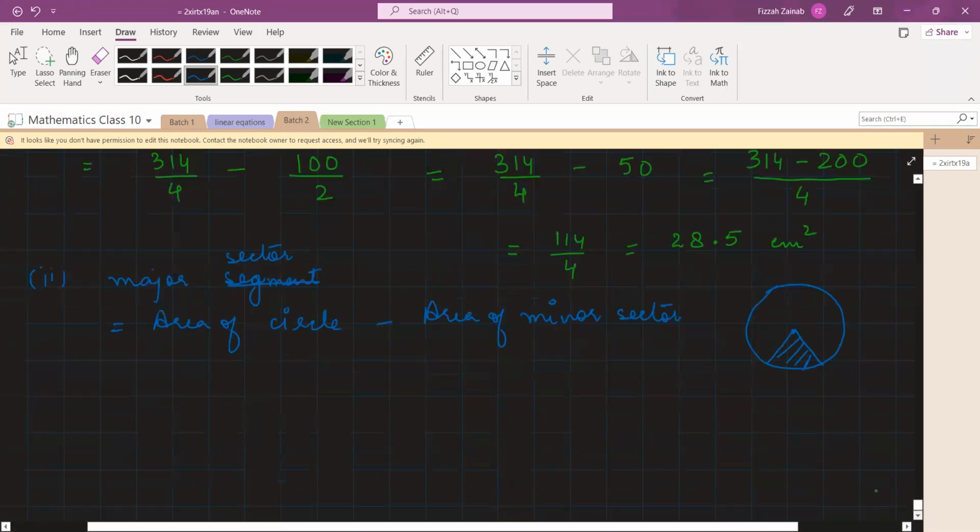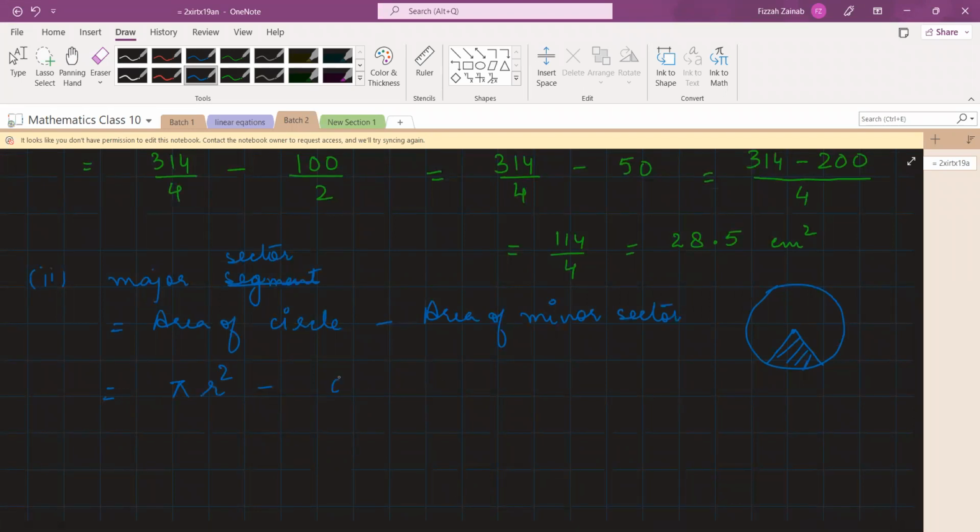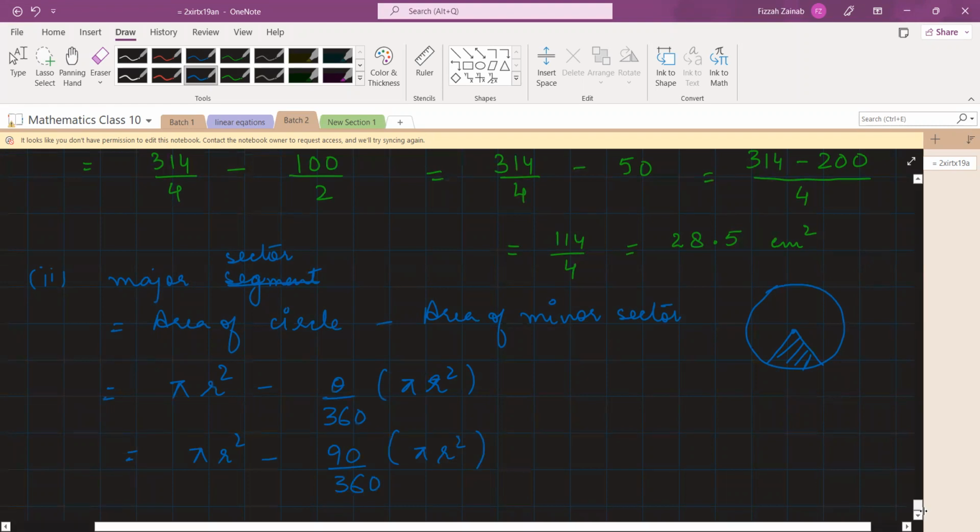Okay. So directly put formula here. Area of circle is pi r square. Area of minor sector is theta by 360 into pi r square. Correct? So pi r square minus 90 divided by 360 into pi r square, right?